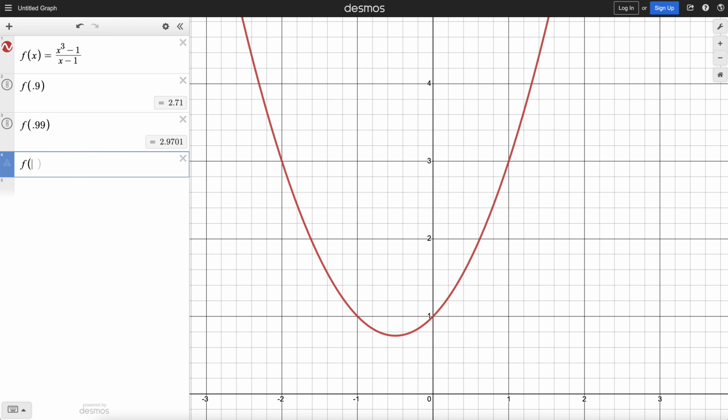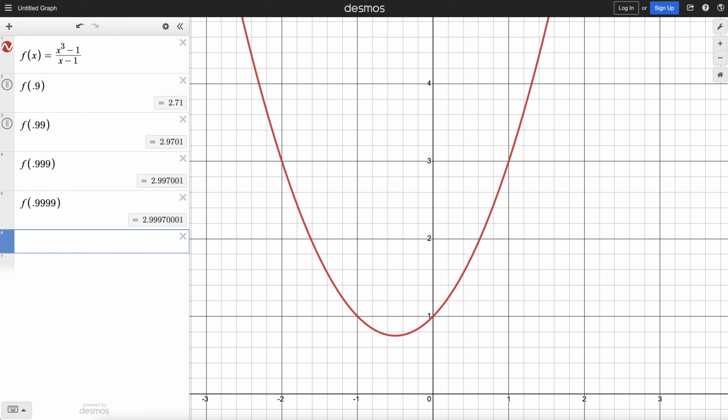So here we go, f of 0.999, okay, 2.997, and finally f of 0.9999. Okay, and now you can see we're really getting close to 3, 2.9997. Okay, now we'll approach it from the other side. That's approaching from the left. We're approaching x equals 1 from the left.